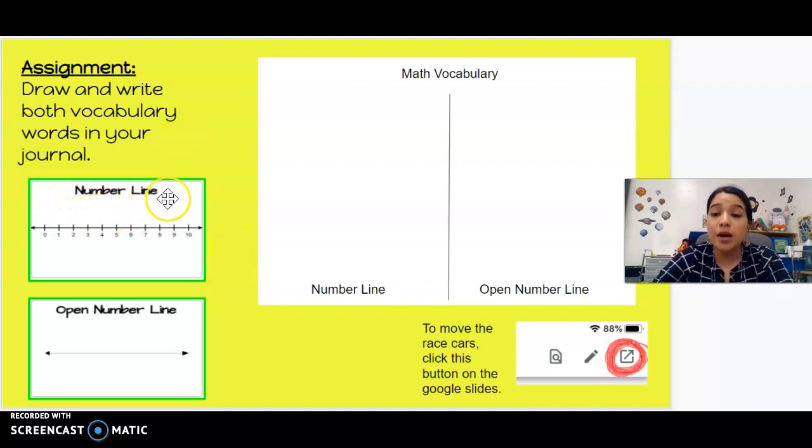So we're going to write number line and open number line, and we're going to draw our picture. Once you're done with that, we can go ahead and move to your second activity.